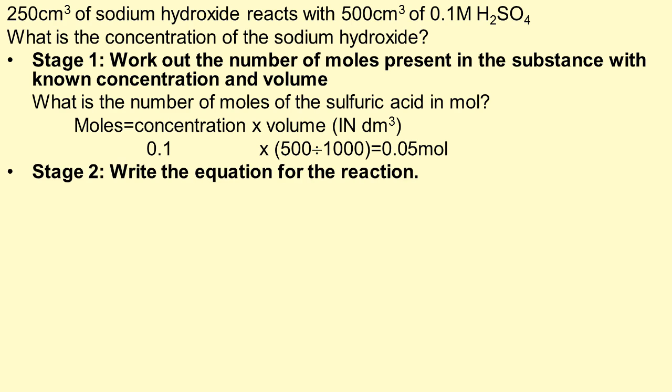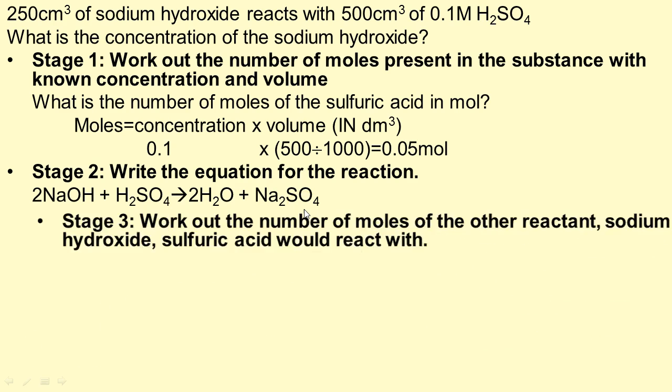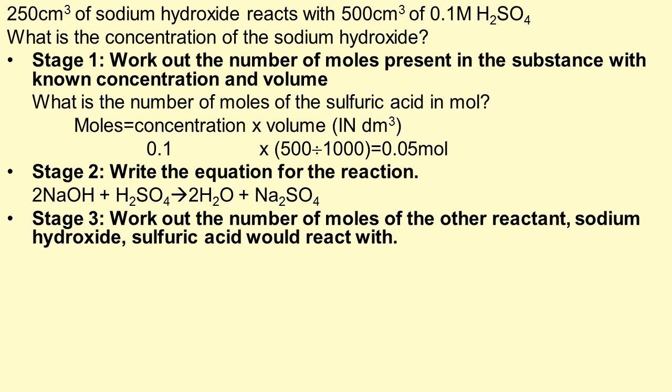Stage 2, we need to write the equation for the reaction. 2 moles of sodium hydroxide react with 1 mole of sulfuric acid to form 2 moles of water and 1 mole of sodium sulfate. Stage 3, we need to work out the number of moles of sodium hydroxide which the sulfuric acid would react with.